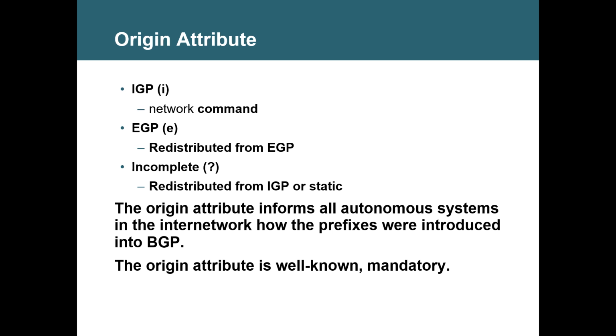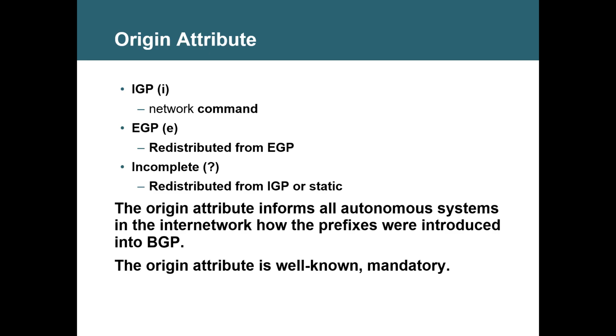A routing protocol's job is to advertise networks, to distribute the route information. That's the job of a routing protocol. But we need to tell the routing protocol to distribute it.